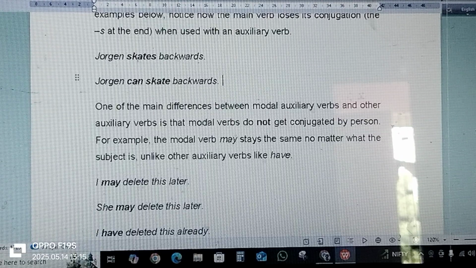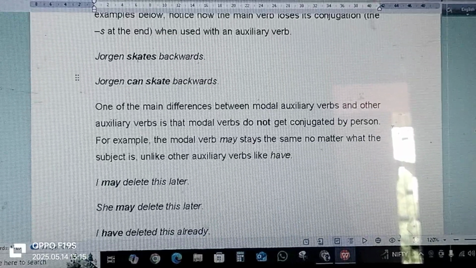Modal verbs do not get conjugated, like using s or es at the end of the verb. In the case of a modal verb, we cannot add s or es on the basis of the tense or person.